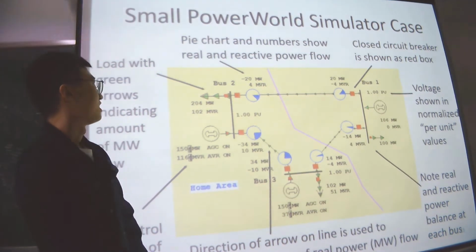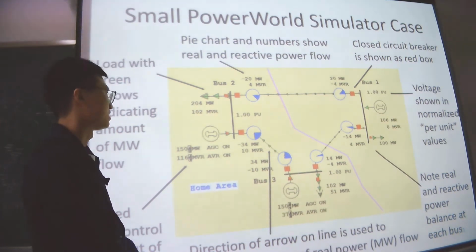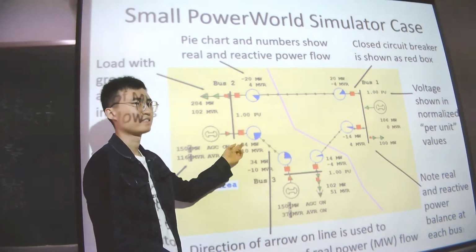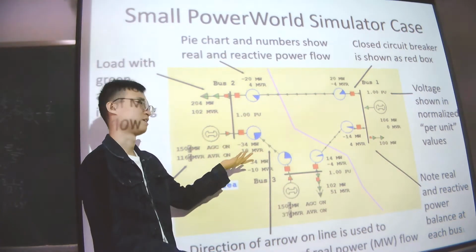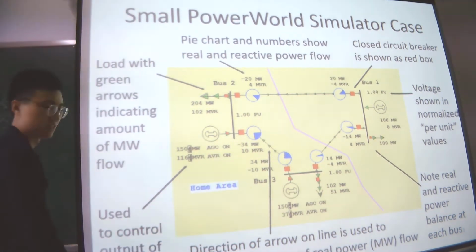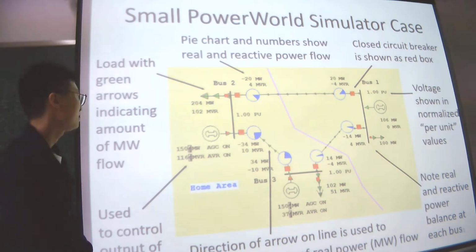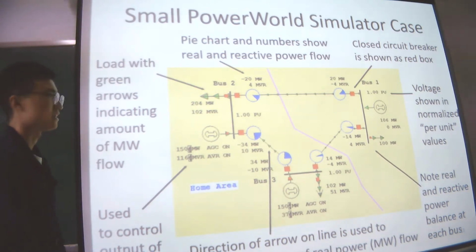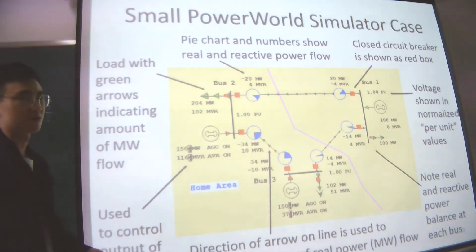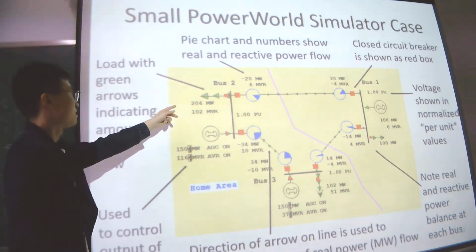So in PowerWorld, although in some real applications we use one-line diagrams, right? We knew that from the lectures. Bus 1, bus 2. I'll show you something maybe your monitors are familiar with, but if you have not used PowerWorld before, I'll show you. So green arrow, right? This is the node.